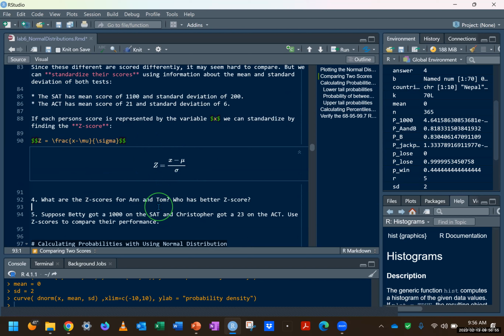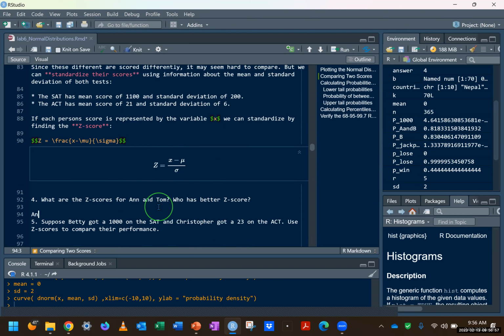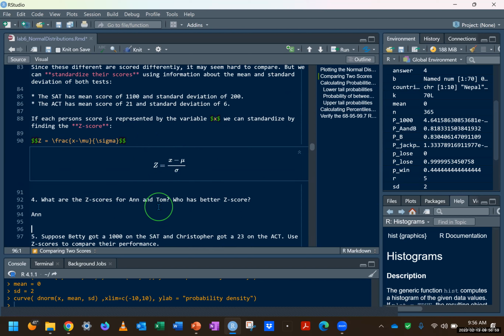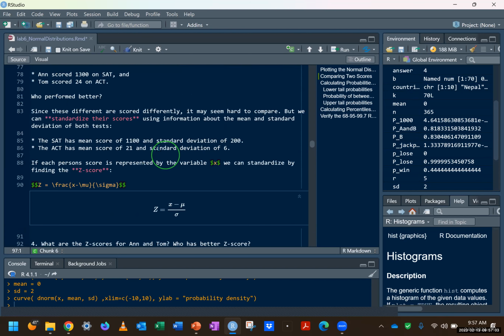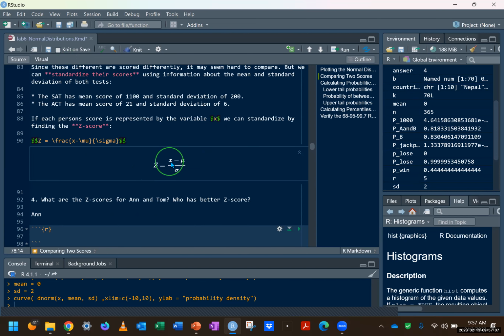Let's find the z-scores for each of these people. Let's see how this works. Anne took the SAT and she scored 1300. So the x value is going to be 1300. The mean of the SAT is 1100. And we're going to divide by the standard deviation, which is 200.